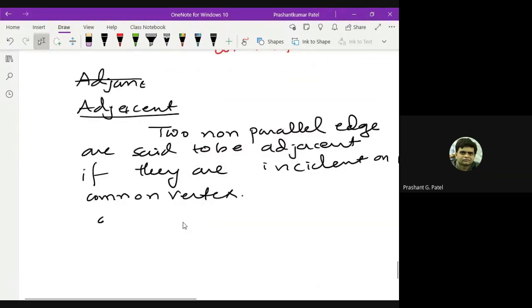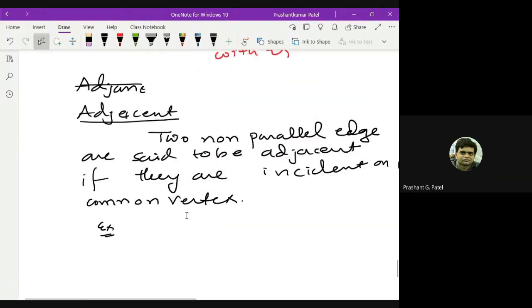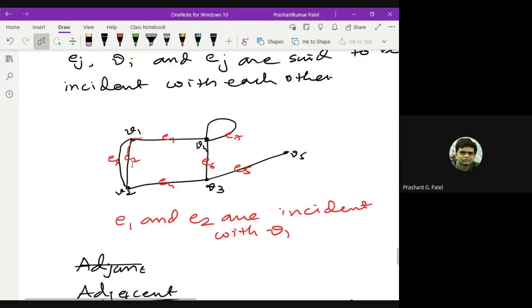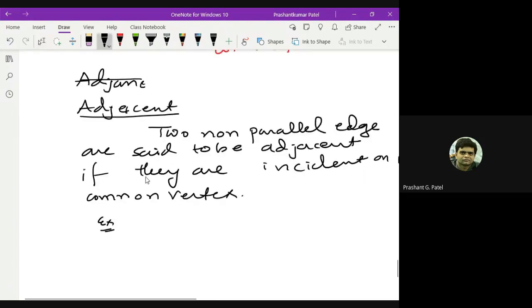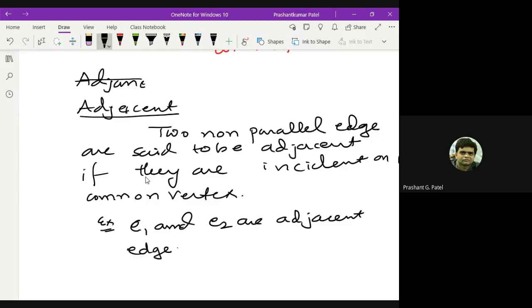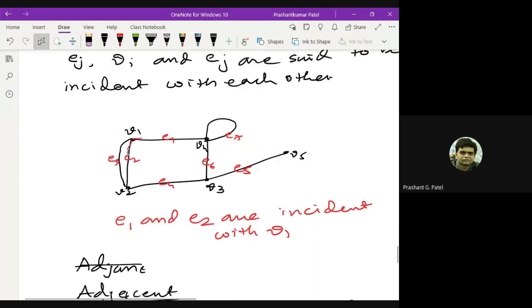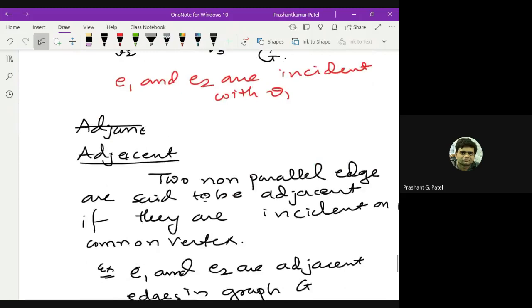For example, we may write that E1 and E2 are adjacent edges in graph G, if I can call this graph G. This is the definition of adjacent edges.